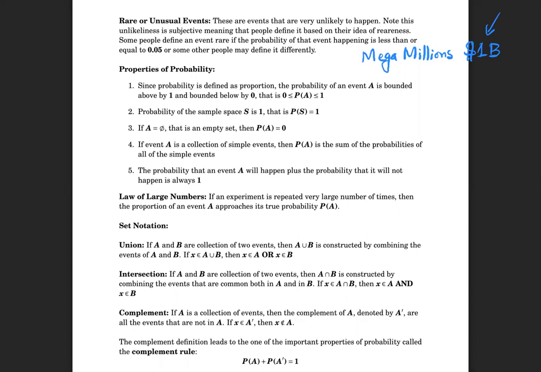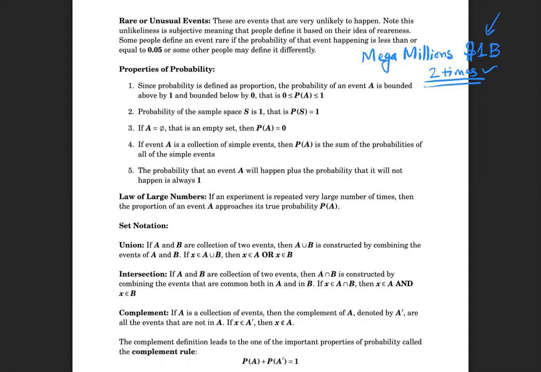Now, in theory, it is possible for one person to win the Mega Millions 2 times in a week. It's possible. You play it on a Saturday and a Wednesday, whatever days they have the drawing, and you win it in one single week, you win the Mega Millions twice. It is possible.